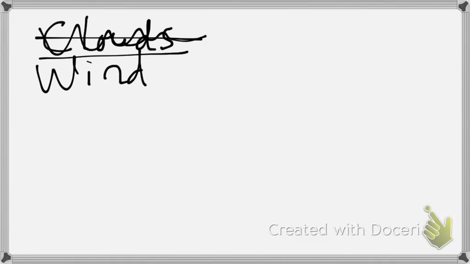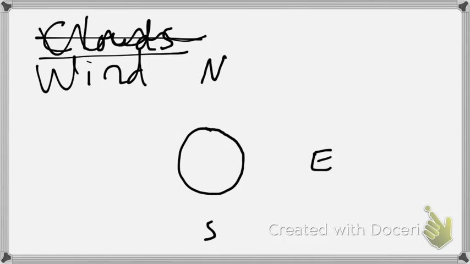Okay, for clouds, we already went over clouds, so we can skip that part. Next, wind. On a station model, we should know our compass directions. Up is north, south, east, west.